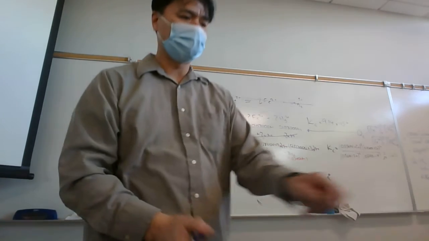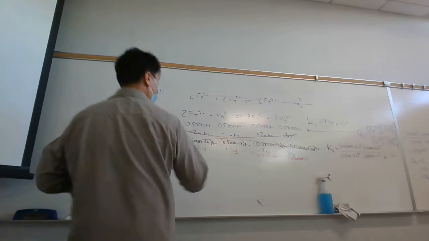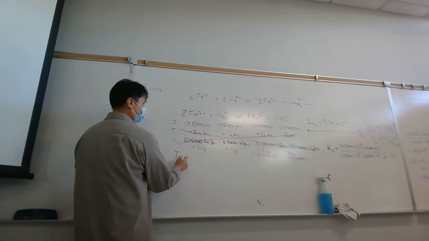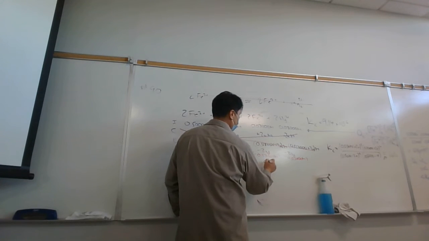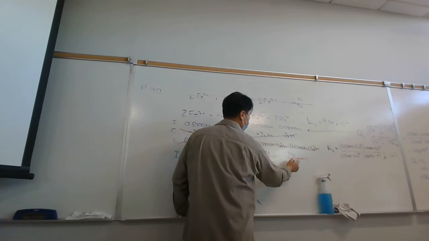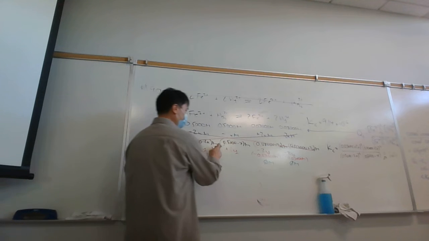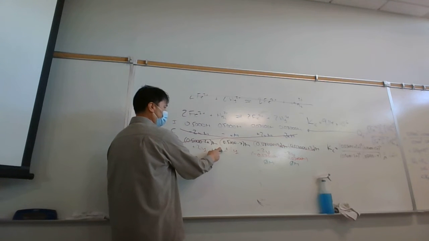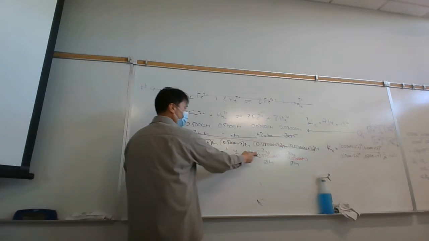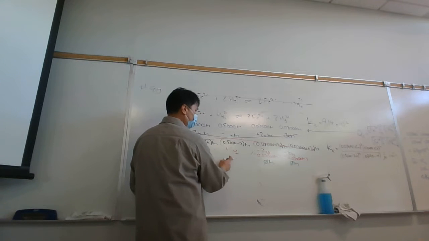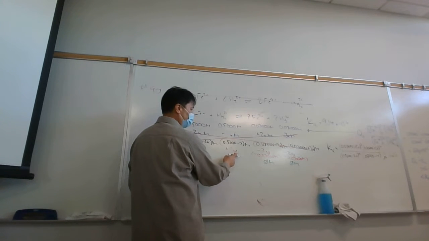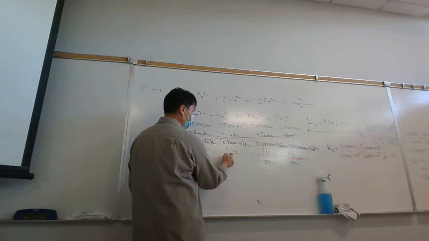So let's do green. I'm going to start off with 0 molar here and 0 molar here. Then over here, if 2y is 0.03000, then y must be 0.01500.